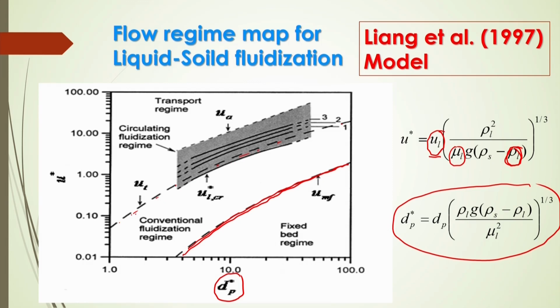Below this terminal velocity you get the conventional fluidization regime with d_P star. Beyond this terminal velocity, and beyond a certain velocity, you will get different types of flow regimes.